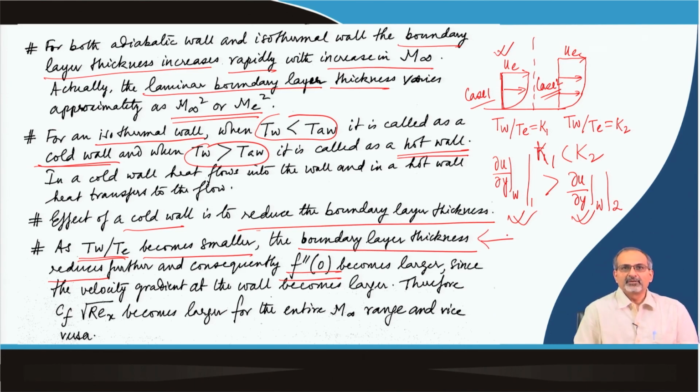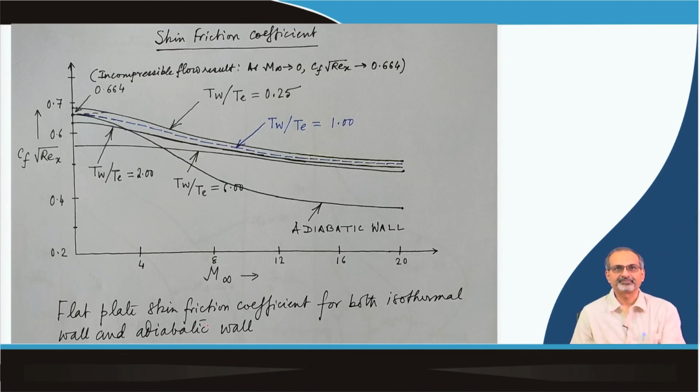As a consequence, if the boundary layer thickness reduces and the f double dash becomes larger, you will have Cf root Rex becoming larger for the entire Mach number range and vice versa. We will see what is the implication of that.